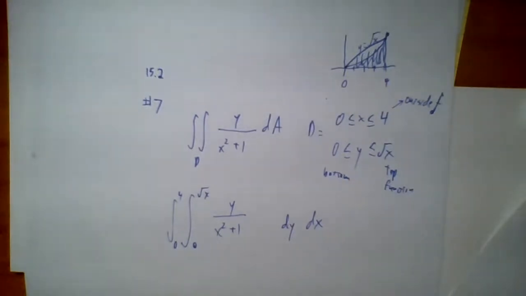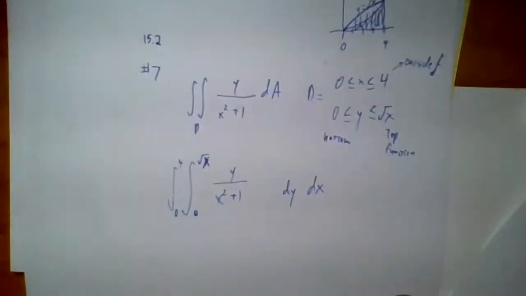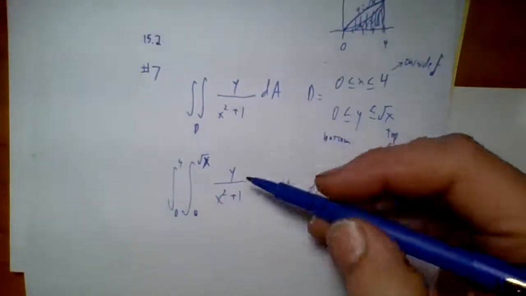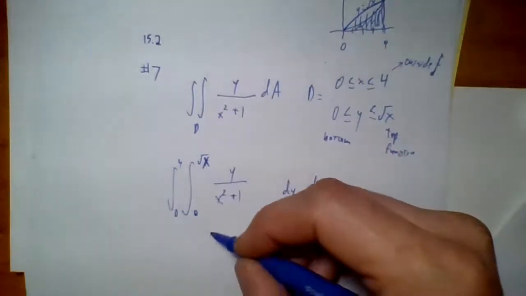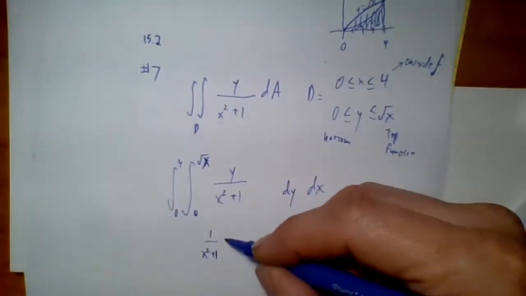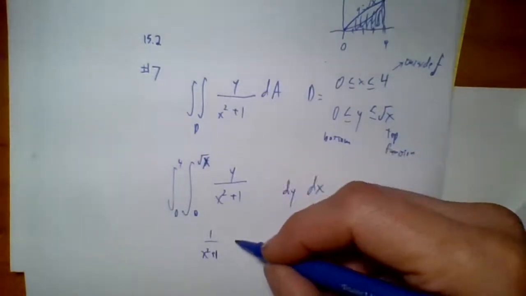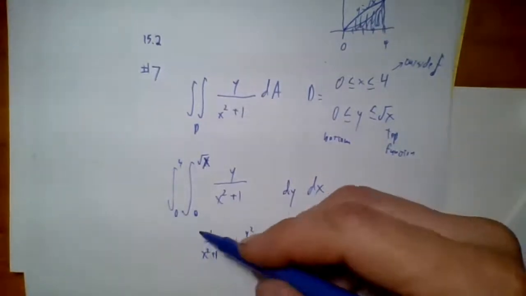So that's where there's a variable floating around out here, which we're not really used to. But the antiderivative with respect to y, this is really just y times some great big constant, 1 over x squared plus 1 is just a constant, times y. And so the antiderivative is just y squared over 2 times constant again.